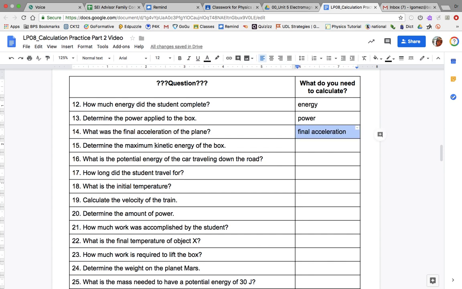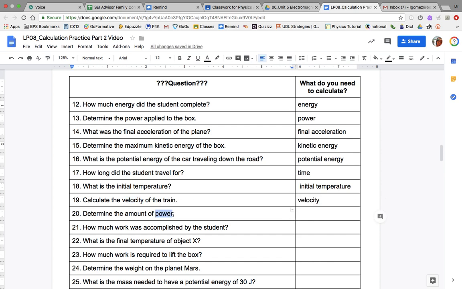Determine the kinetic energy, the maximum kinetic energy of the box. What is the potential energy of the car traveling down the road? How long did the student take to travel? This is time. What is the initial temperature? This is temperature. Calculate the velocity of the train.